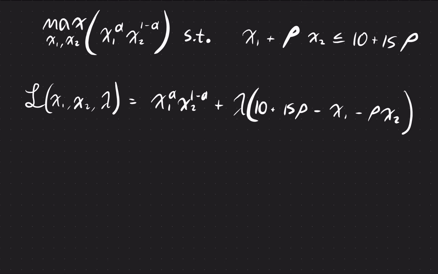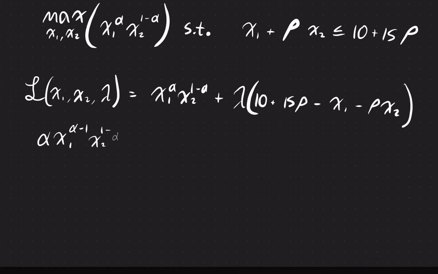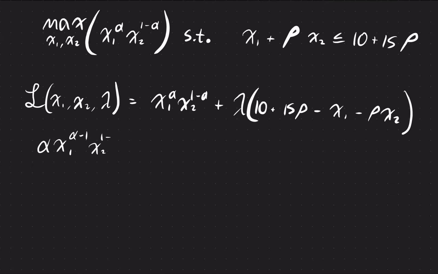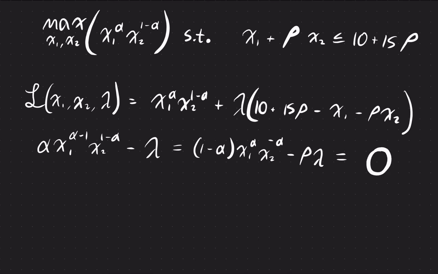So the first one is alpha x1 to the alpha minus 1 times x2 to the 1 minus alpha, and that's going to be minus lambda, equal to 0. And then the second one is 1 minus alpha, x1 to the alpha, x2 to the negative alpha, and that one's going to be minus rho lambda. And these are both going to be equal to 0.